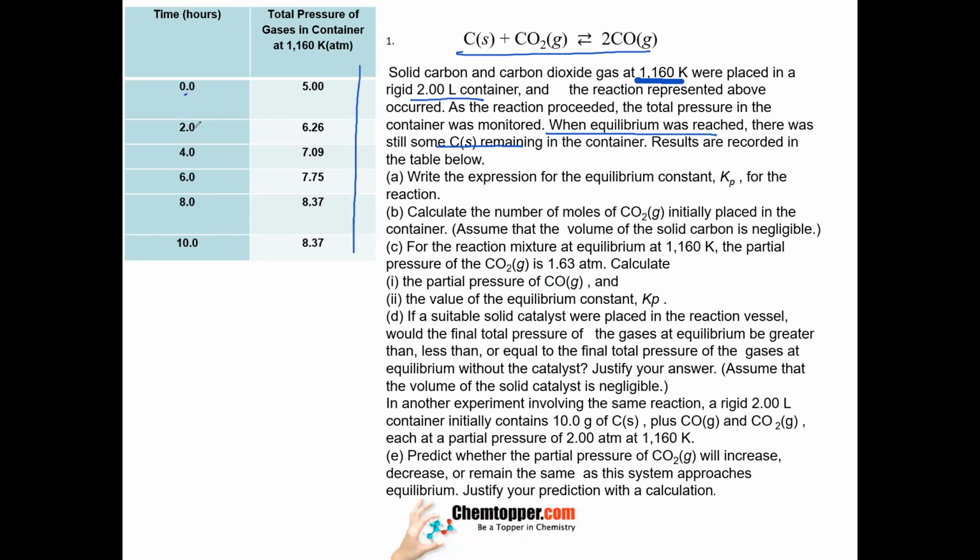Time 0, 2, 4, 6, 8, 10. Can you tell me around what time the equilibrium is achieved? Yes, so this is the equilibrium state. And what is initial, children? Initial? This is initial.